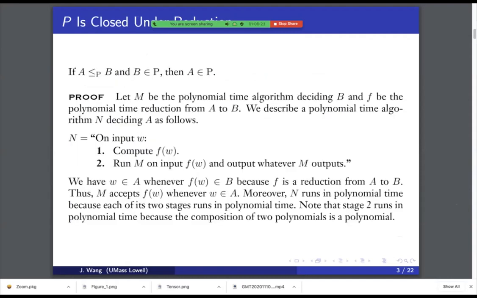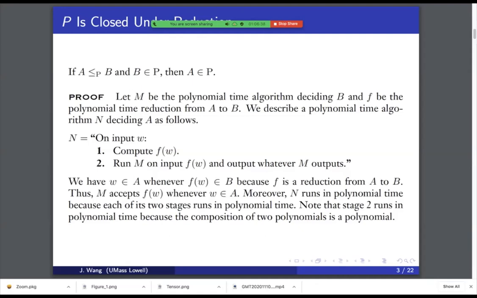First we have this property for this reduction, which says that P is closed under polynomial time reduction.